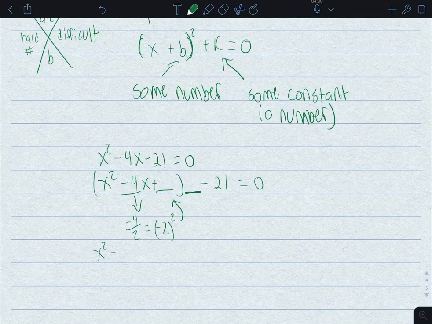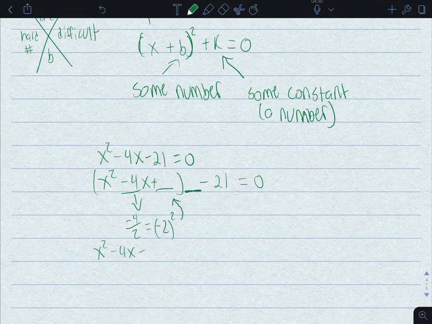So that's x squared minus 4x, copying down what I have above, and then negative 2 squared is 4, plus 4 inside the parentheses. I invented that plus 4 out of nowhere, so I also need to cancel it out by subtracting 4 outside of the parentheses. And I'm going to bring that minus 21 down also.